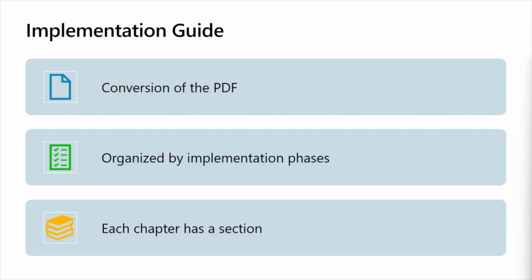They're organized by the 5 different phases, and then each chapter of the original book has a section underneath the tiles for the various phases, and each chapter is then broken down into multiple pages based on the content that's inside of that particular chapter. We'll be taking a closer look at the implementation guide as a few samples when we have a look later in my demonstration.